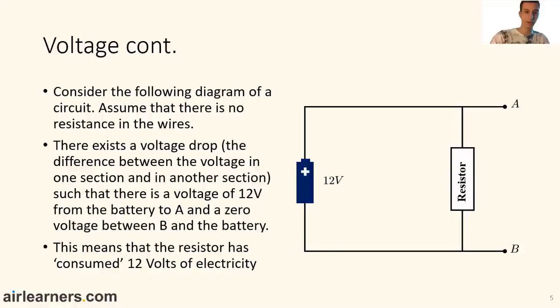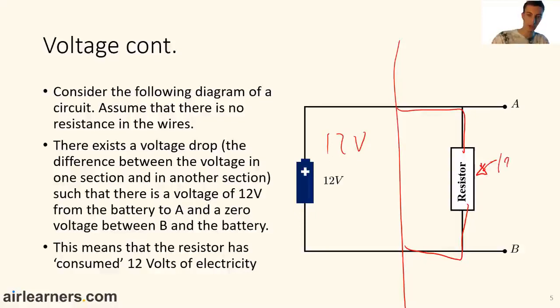So if we divide this very crudely in 2, there's 12 volts on this side, and that means that somewhere along here, we lose 12 volts, and that 12 volts belongs to this resistor. So there's a voltage drop of 12 volts, because 12 volts is consumed by the resistor.